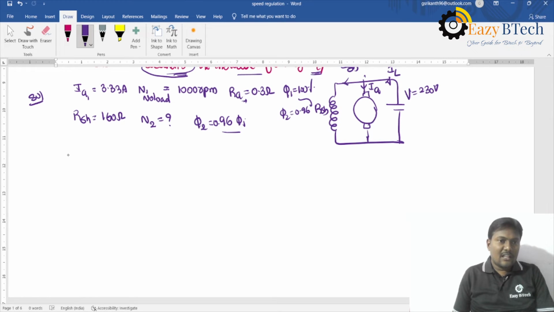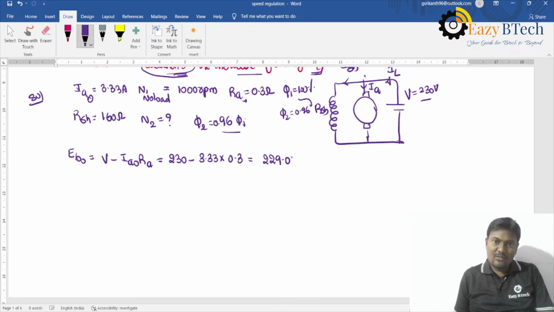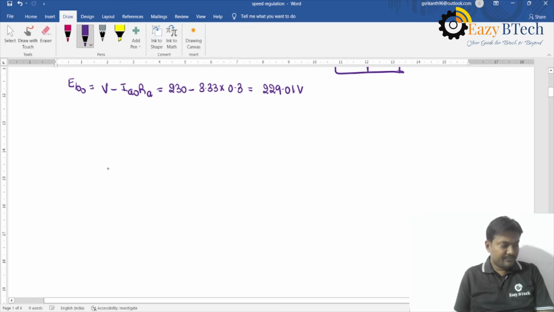First calculate the EB naught. This is under no load condition, that's why it is called IA naught. EB naught is V minus IA naught into RA. The supply voltage is 230, IA naught is 3.33 and the armature resistance is 0.3. If you calculate on your calculator, you get 229.09 volts.